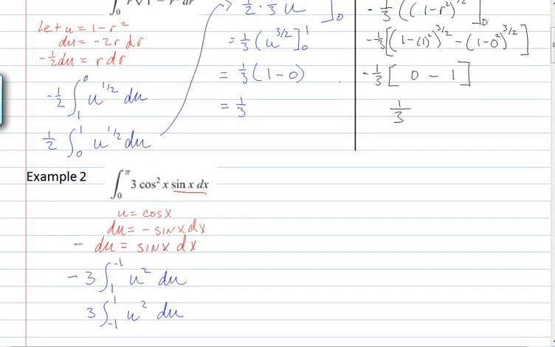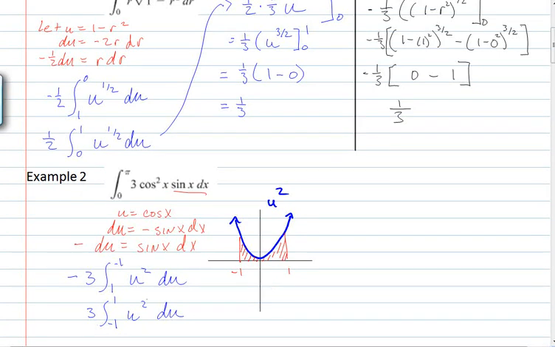Now, I want to point something else out. When we graph this function u squared, and we look at the integral from negative 1 to 1, we're looking for the area of the shaded region, right?